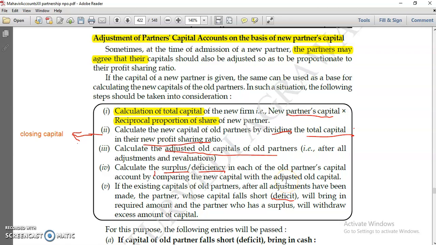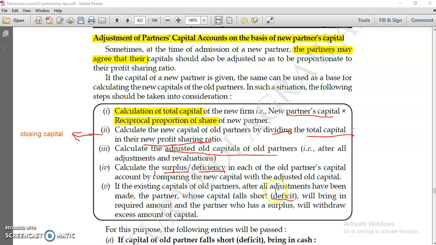If the closing capital is higher and the adjusted capital is lower, it is called a deficiency, and the partner brings in more capital to make it equal to the closing capital, or vice versa.